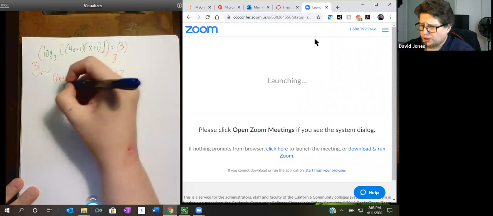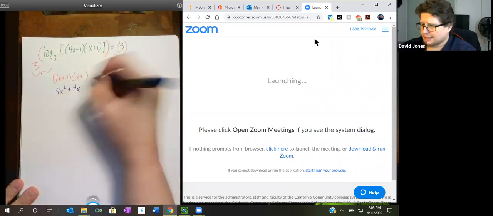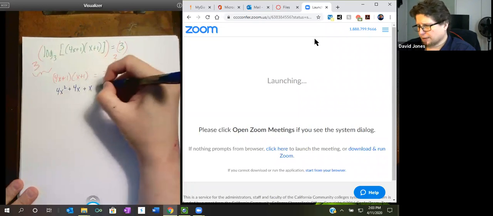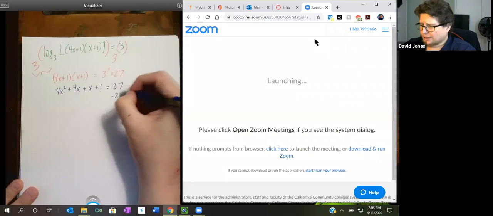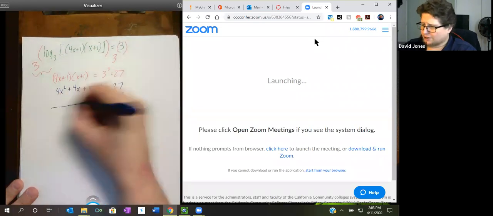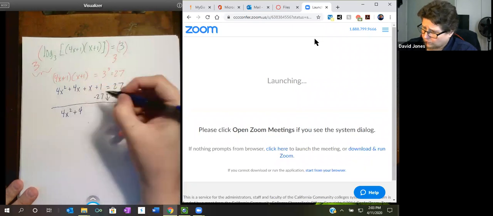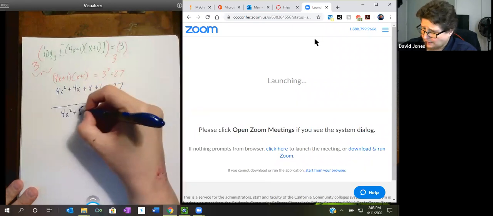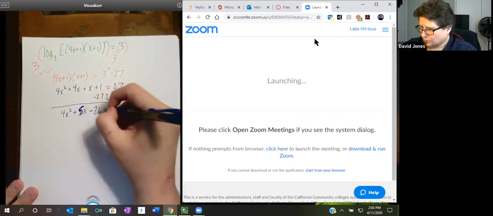So let's distribute. I get 4x squared plus 4x plus x plus 1 equals 27. I'll subtract 27 over and combine like terms: 4x squared plus 5x minus 26 equals 0.